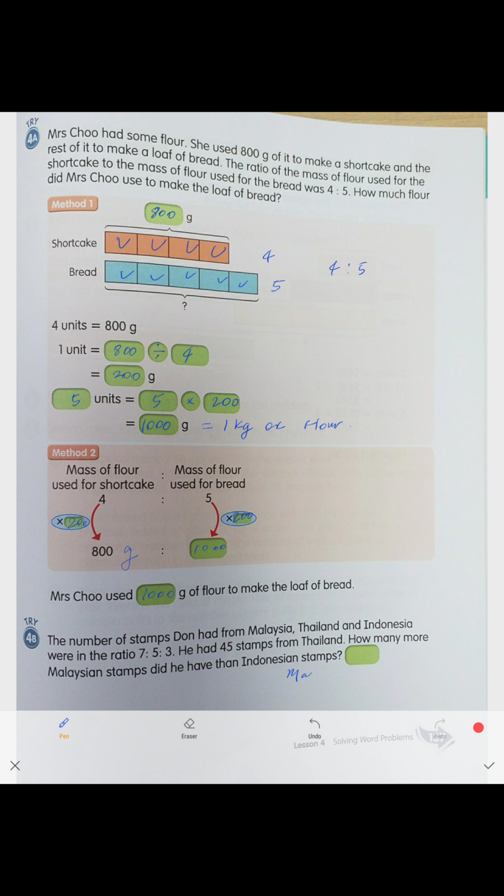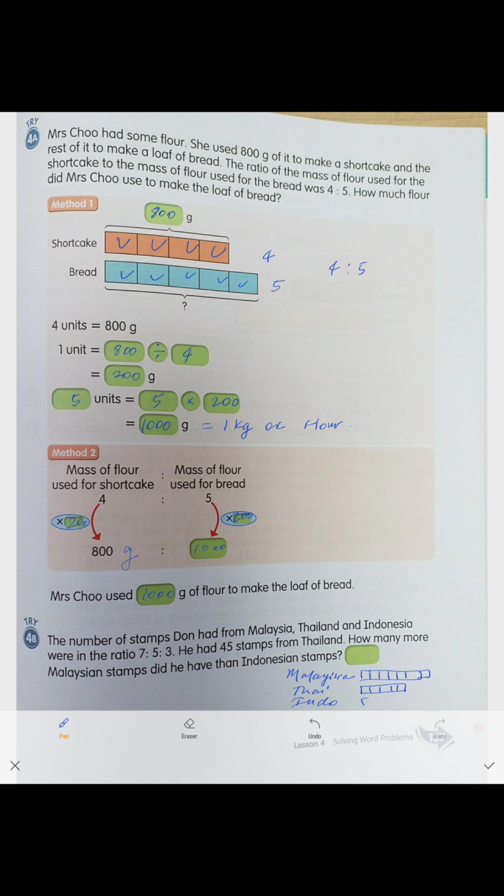So you draw your Malaysia, Thailand and Indonesia, right? And you have your units. So the first one's gonna be what, 7 units? Sorry, that's gonna be small on the screen probably. 5 units, right?